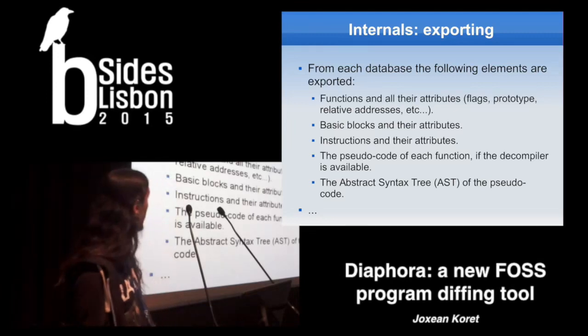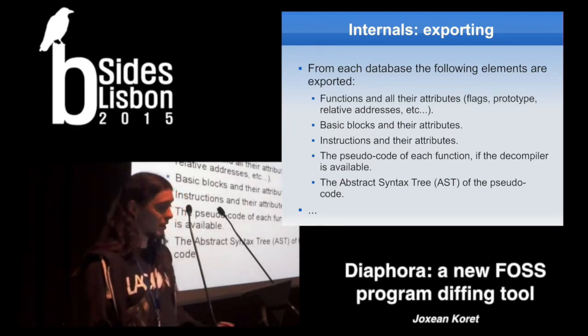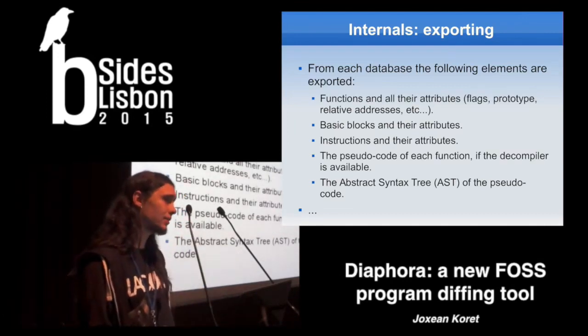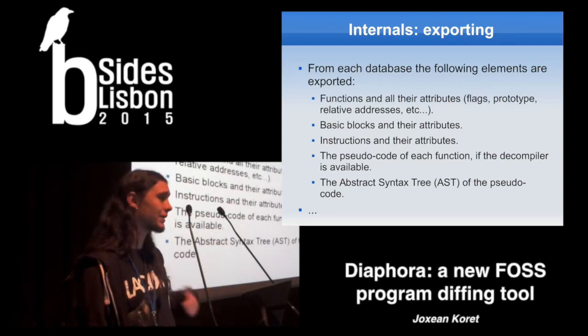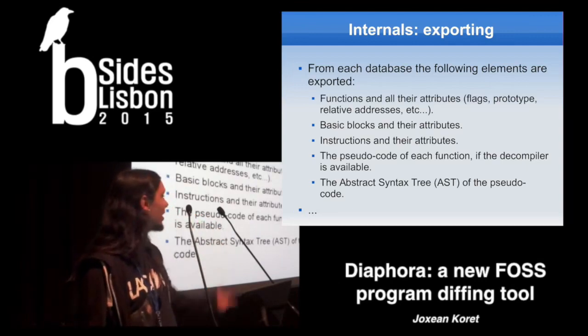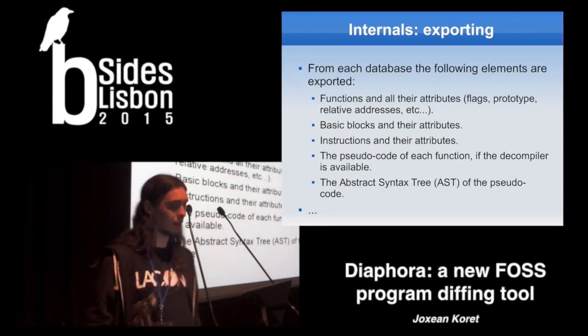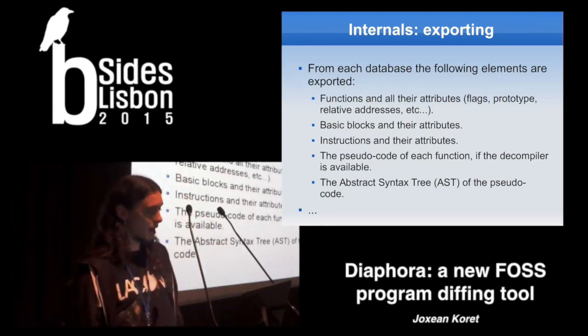Okay, how it works. When exporting, it exports the following from each database: elements like functions, all the related attributes to the functions, like flags, the prototype, the relative addresses, the number of basic blocks, the number of heads, the cyclomatic complexity.